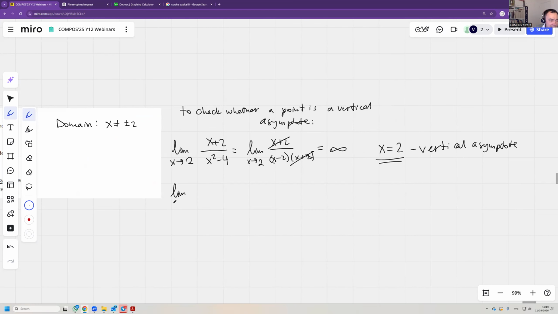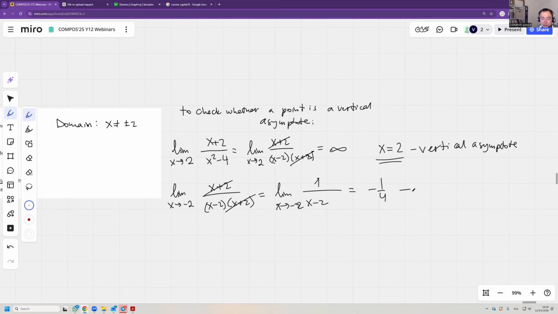Now if you do the limit as x tends to -2, which is (x plus 2) divided by (x minus 2)(x plus 2), the x plus 2 cancels, so it's the limit of 1 over x minus 2 as x tends to -2. But that is not 0 and not infinity. That is actually -1/4.